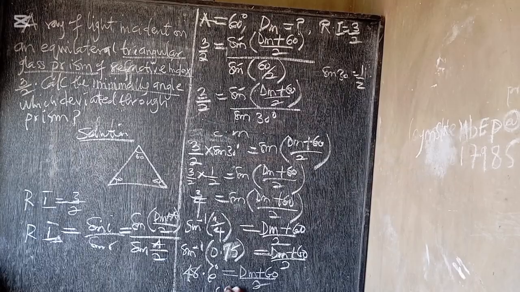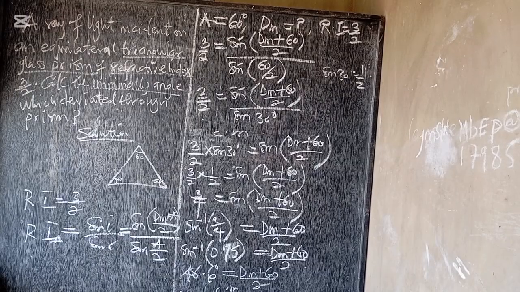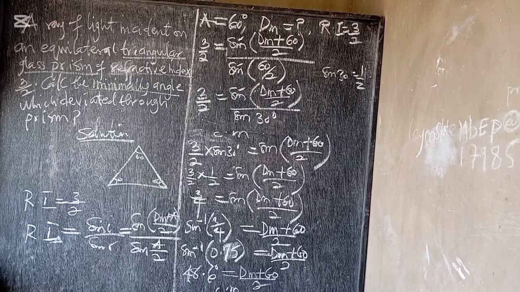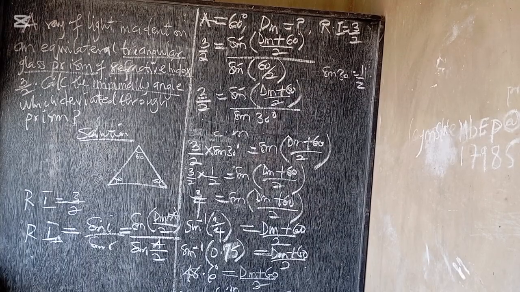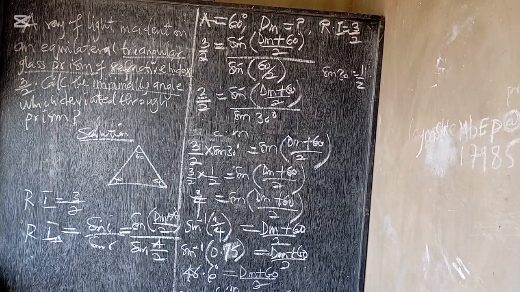Then the next thing, of course, is to multiply. So now I get Dm plus 60 is equal to 2 multiplied by 48.6, which gives 97.2.